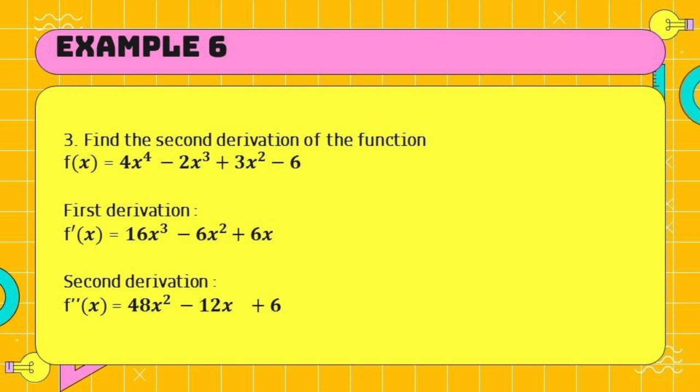So, f'(x) or the first derivation is 16x^3 minus 6x^2 plus 6x. And then we can find the second derivation. f''(x) equals 48x^2 minus 12x plus 6.